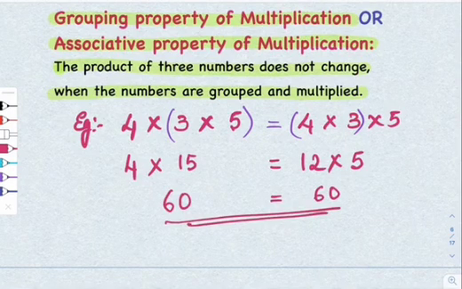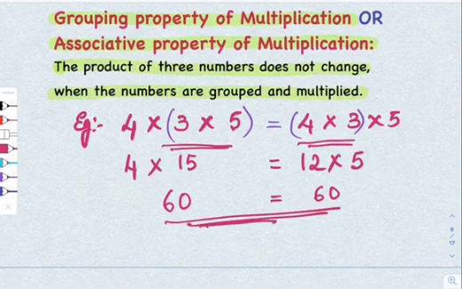So what have we proved? Though the grouping has changed, the product remains the same. Correct? The product of three numbers does not change when the numbers are grouped and multiplied. This is the grouping property of multiplication, or associative property of multiplication.